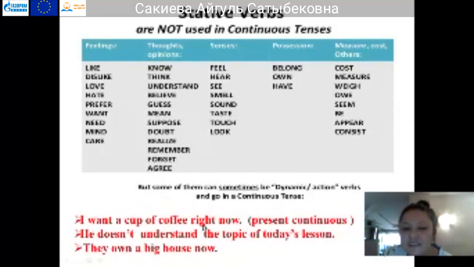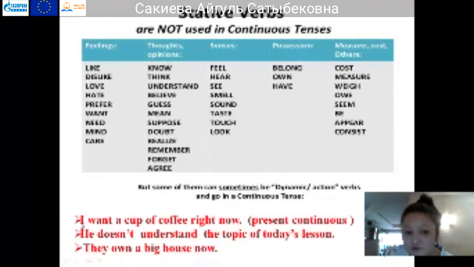The action is repeated or it is temporary? Now, Alimbek, yes. But look at the structure of the sentence. So we use the structure of the present simple or we use the structure of present continuous? We use the structure of present continuous.